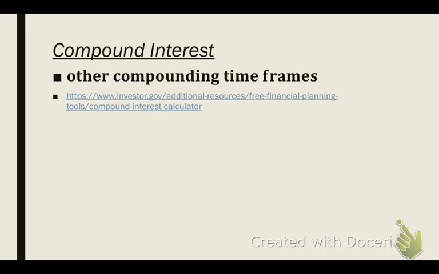You could find those, but we also have some really cool tools, and one is a compound interest calculator. It's put together by the U.S. government, and I've given you a link here. And if you have other compounding time frames, you can use that to get more accurate information about the yield that you would get.